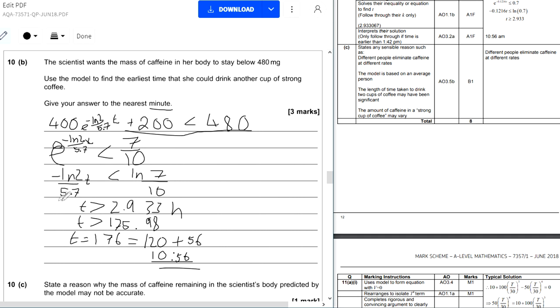Be careful of the minus, you got to flip the sign, but really you should be looking for a positive number and it being greater than that positive number, because you're finding the first instance of something. Then you've also got to be careful of what time period you're using.